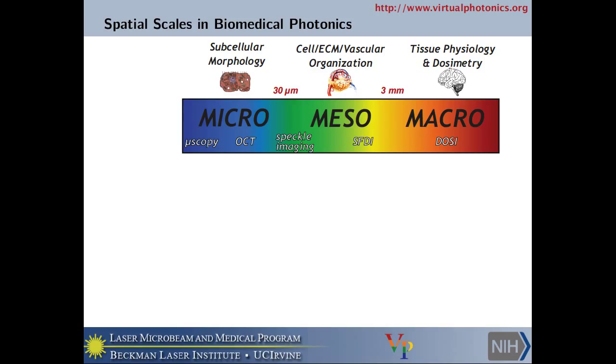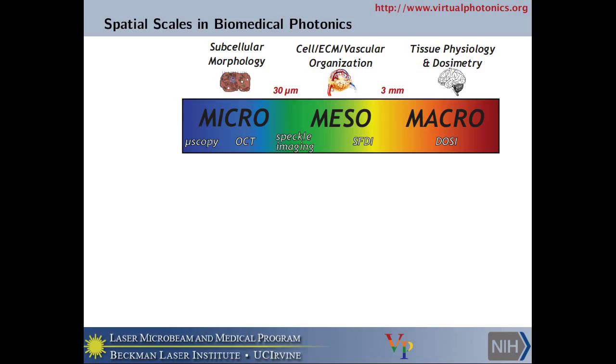We can look at moving scatterers to give us a sense of flow at larger spatial scales, roughly on the order of tens to 50 microns at depth. And then we are also interested in how light is dispersed as it propagates into deeper tissue layers.